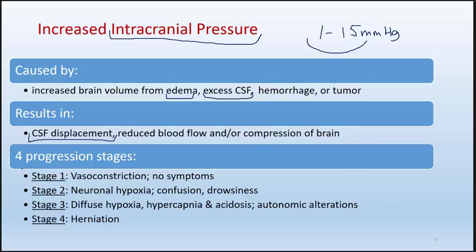Now let's look at the 4 progressive stages of increased intracranial pressure. In the first stage, and sometimes this increase in intracranial pressure is called intracranial hypertension, there's a small increase in intracranial pressure. But it can still be controlled by our body's autoregulation. Now, CSF was already displaced. That wasn't effective on its own.